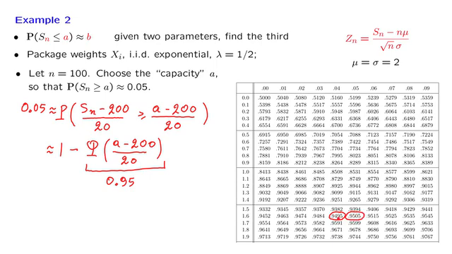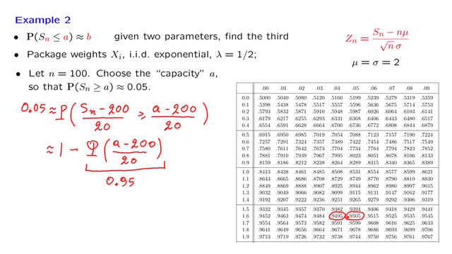We could choose either one, or we might decide to split the difference and say that we get a value of 0.95 when the argument is 1.645.